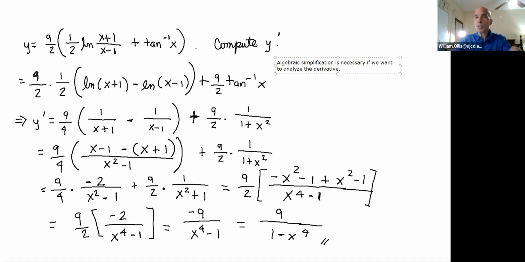It's like when you're doing the max-min problems, the optimization problems in Calculus 1, if you're looking for critical numbers, then you really do have to manipulate the equations so that you can solve them. Otherwise, again, the analysis would be next to impossible.